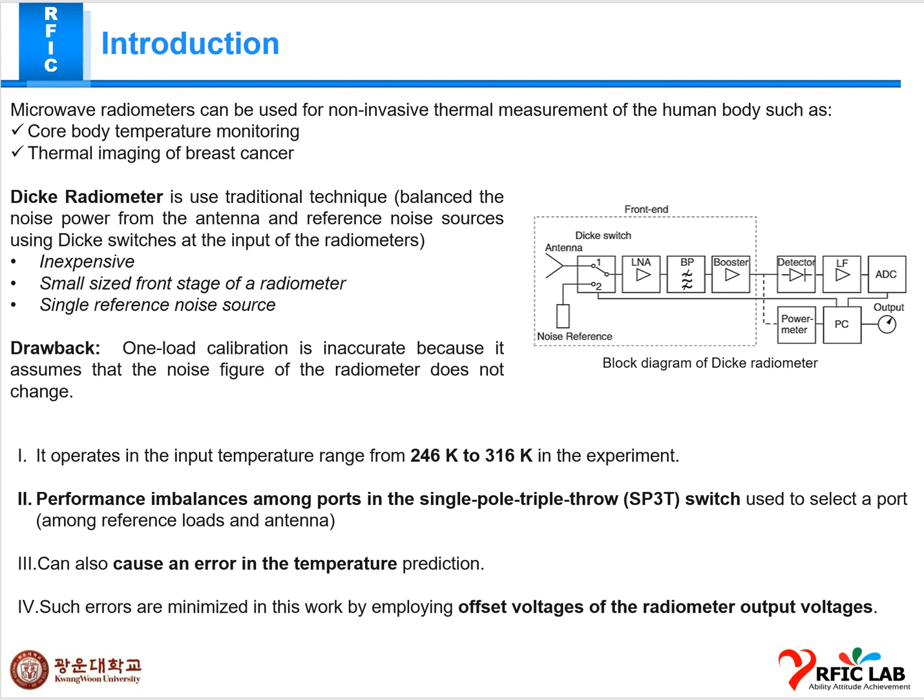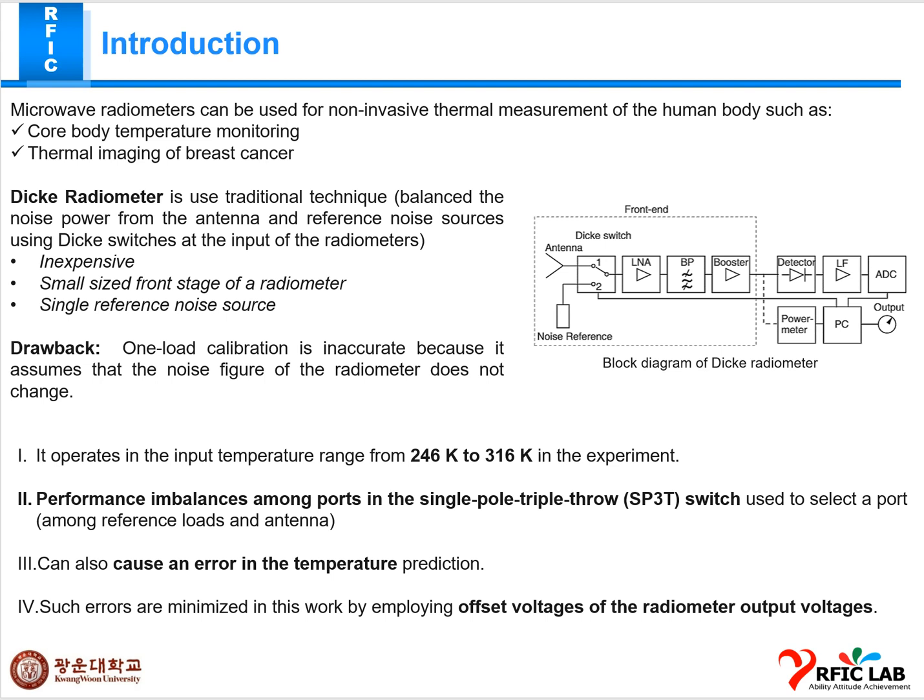Its drawbacks are that it is quite loaded, and calibration is inaccurate, because the noise figure of the radiometer does not change. It operates at a temperature range of around 246 to 316, and the performance imbalance among the ports in the SP3T switch causes an error in the temperature. Such error is minimized, along with the offset voltage of the radiometer output voltage.